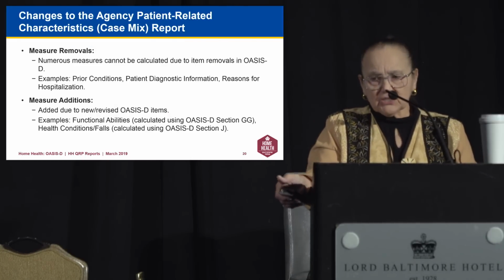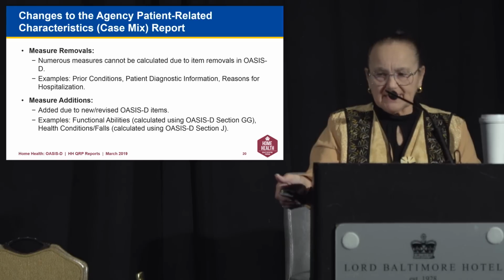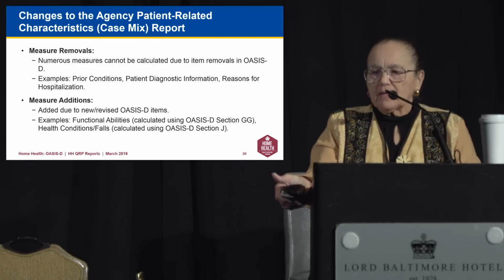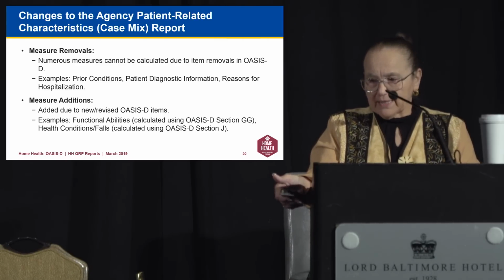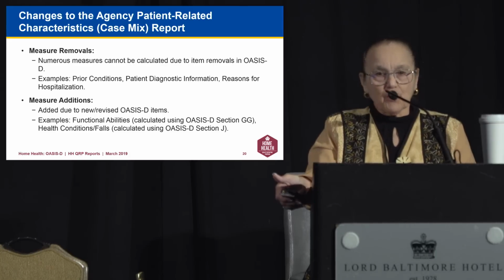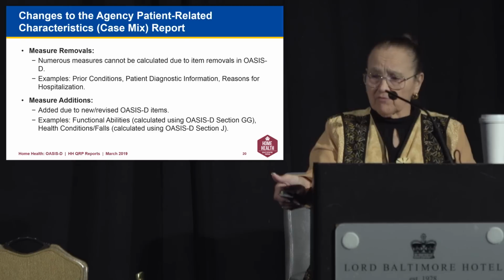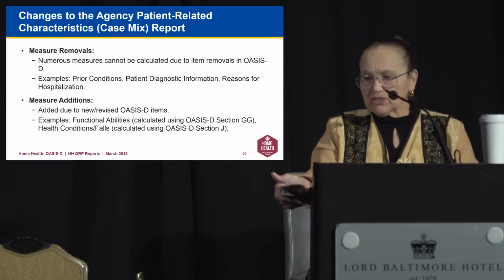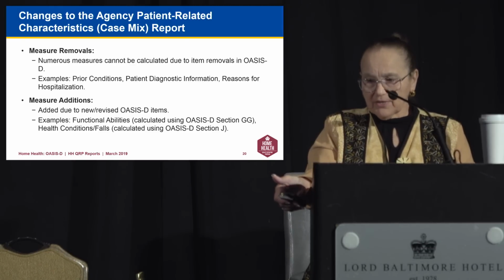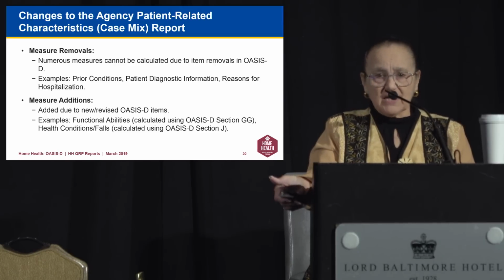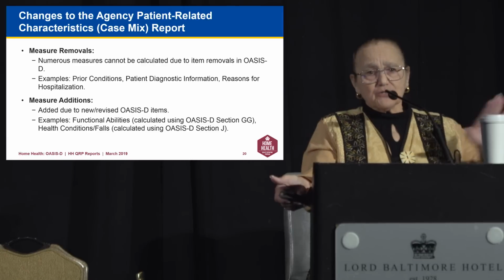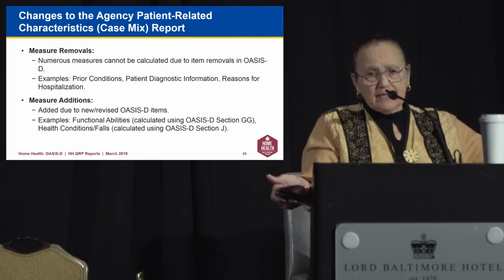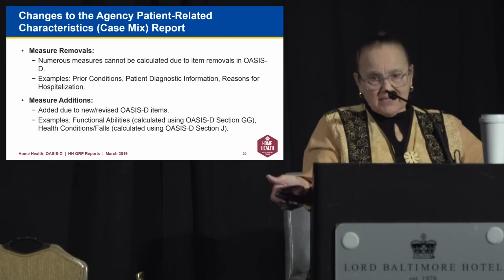There have been changes to this report with some of the OASIS changes. Many measures cannot be calculated because items were removed. If you remember back, we did pull a number of measures. So for example, prior conditions, patient diagnostic information, and the reasons for hospitalization are not going to appear here when the OASIS-D information is present.